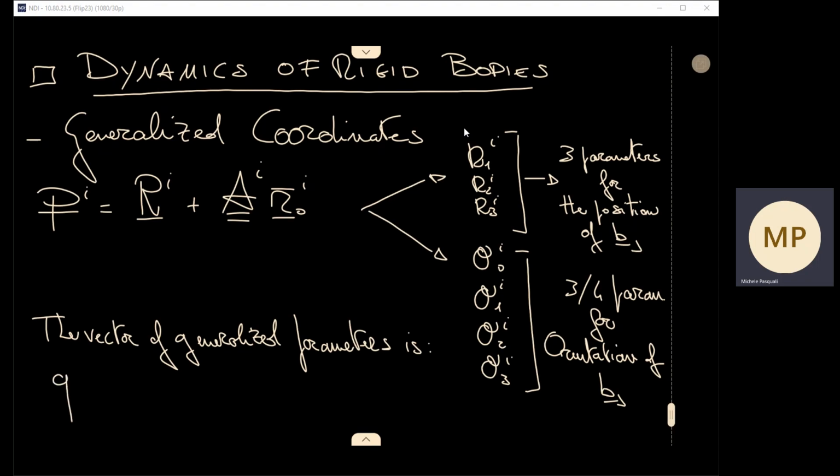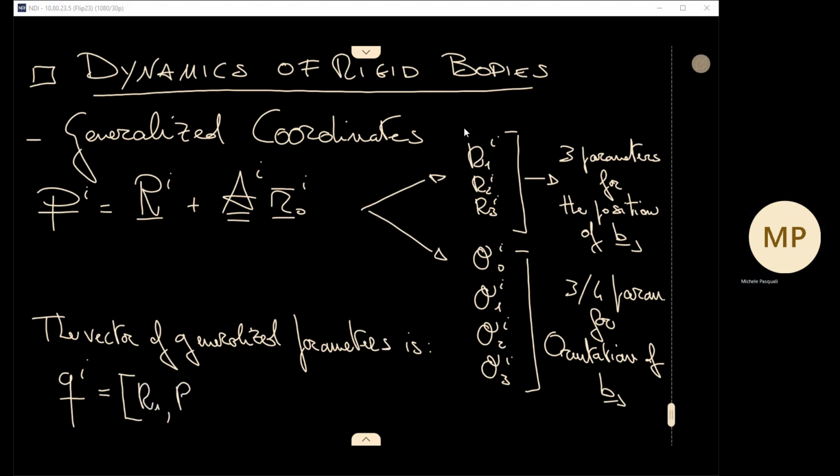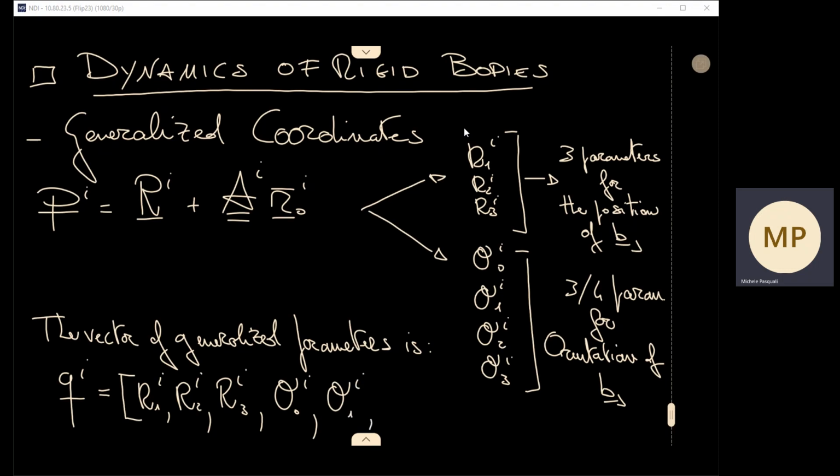Typically, it's denoted with a Q. So for the body i it is Q^i, equal to R1, R2, R3, and then theta 0, theta 1, theta 2, and theta 3, all with the i superscript, transposed. Typically, these are column vectors.